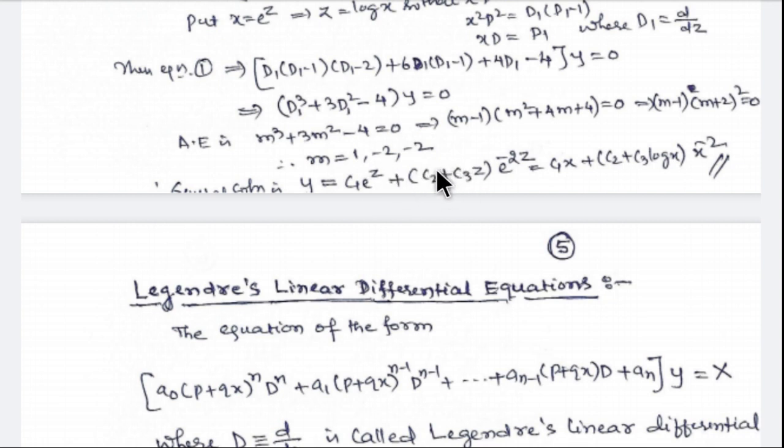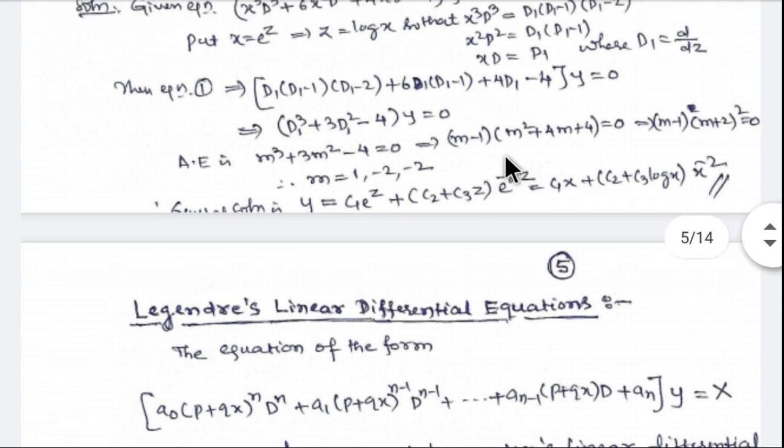If you want the general solution of the given equation, substitute back. e raised to z is replaced by x, and in the place of z you write log x. So C2 plus C3 log x, and e raised to minus 2z means e raised to z whole raised to minus 2, so in the place of e raised to z you write x, giving x raised to minus 2. This is the required general solution.